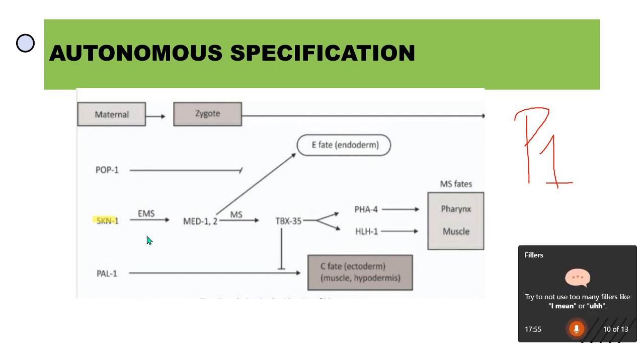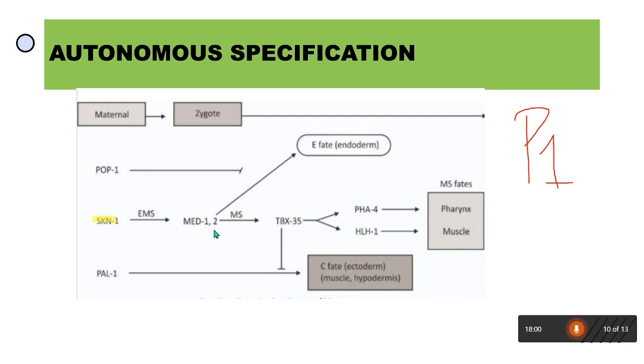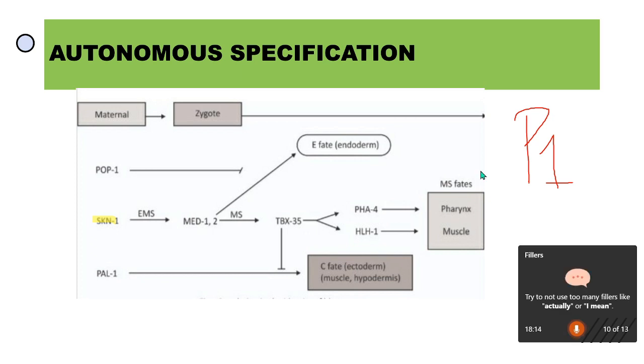Then how does that mechanism occur? SKN1 produces other transcription factors, MED1 and 2. And finally, the fate will be MS fate through TBX35, PHA4, HLH1 and muscle factors. MS fate will be the result.